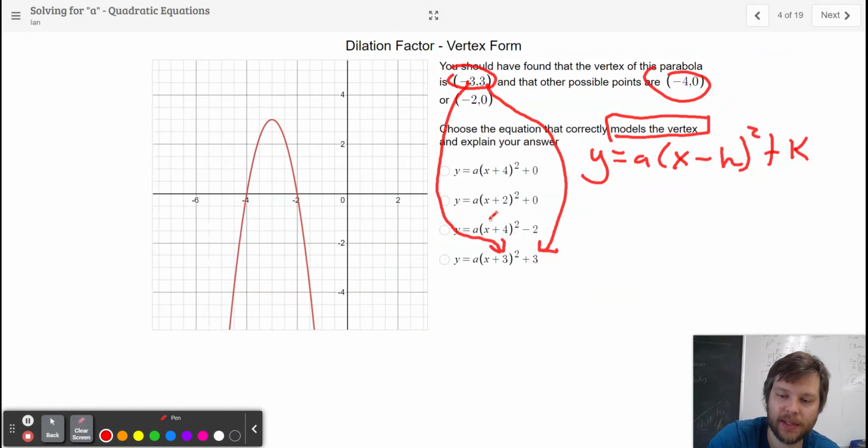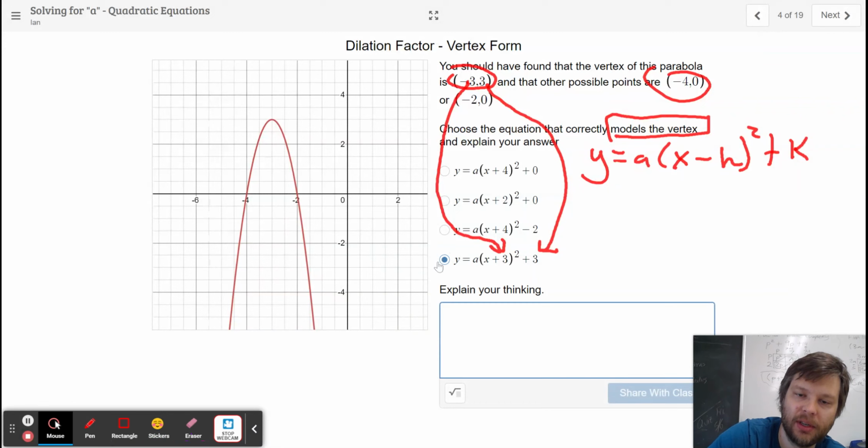Notice I said minus negative 3, and that's why the equation says plus 3. So this option down here is the correct option. The other ones were decoys, where I used the numbers from negative 4, 0 and negative 2, 0 in the equation. But I wanted to use the vertex, and so that's why the plus 3 and plus 3 is the correct one.